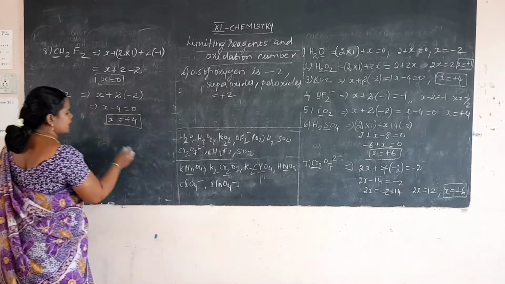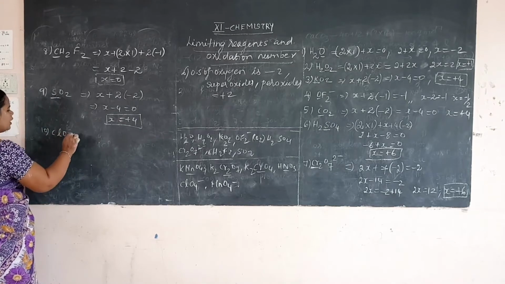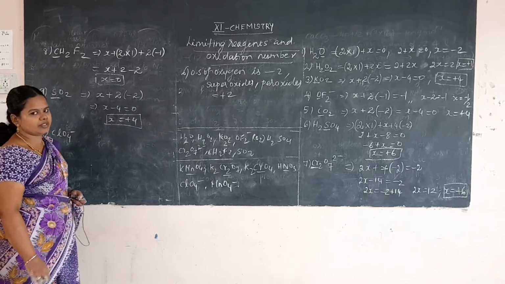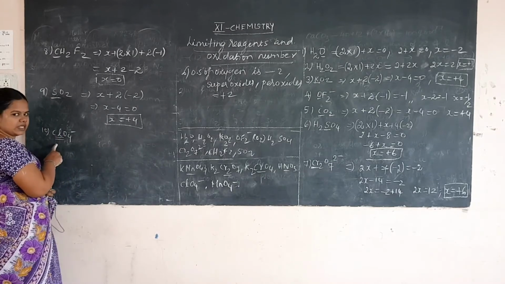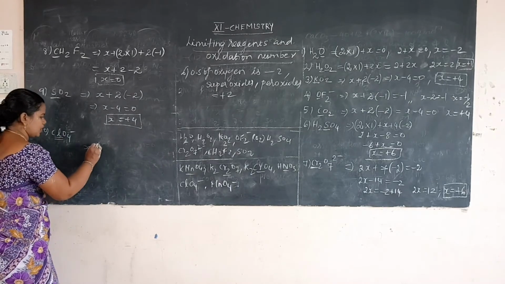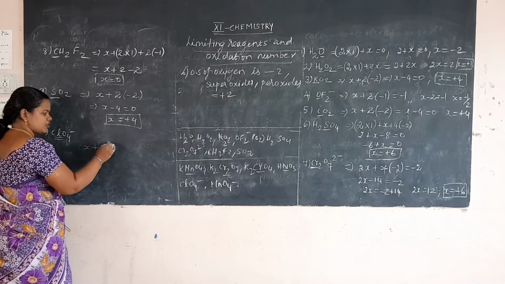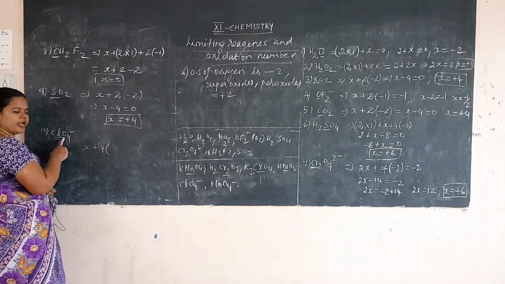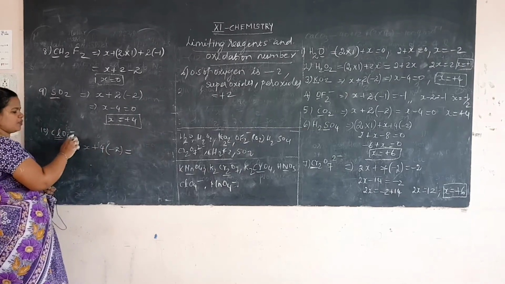Okay, one extra compound I will find out here, for ClO4 minus. If it is an ion, what do we have to do? How we have to find out the oxidation number. See, listen, I am going to calculate for Cl. For Cl, keep X, plus 4 oxygen is there. We know the oxidation state of oxygen is minus 2. So minus 2 equal to, on that side what should we put? This minus.